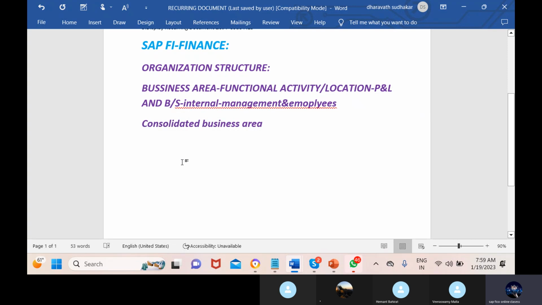With the help of this business area and consolidated business area, we make internal decisions for our management and also for our employees. The business area will help make decisions for a single company code. With the help of the consolidated business area, we'll make decisions for the company.